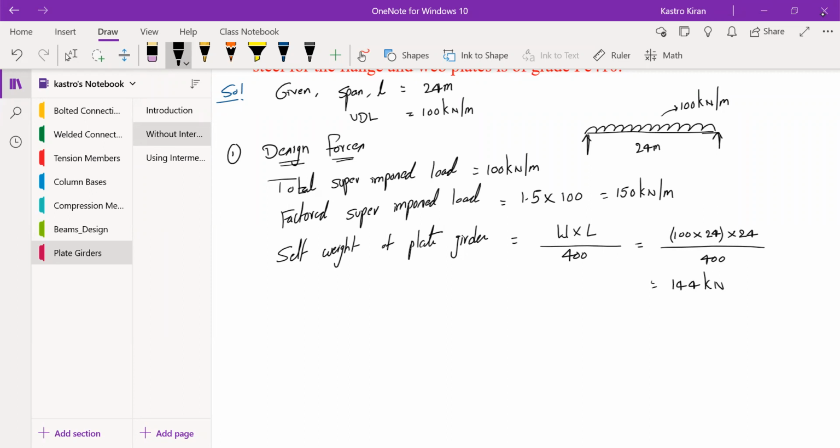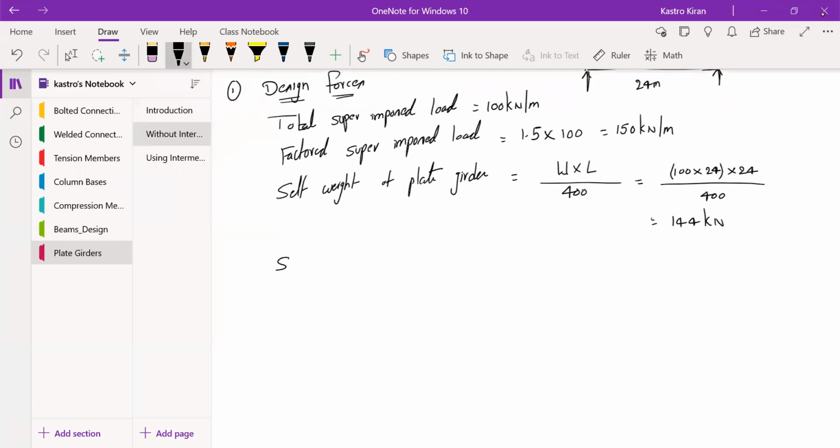Now this self weight of the plate girder has to be calculated per meter length. So in the next step, self weight of plate girder per meter length. You need to find out what is the load that is falling per meter length.